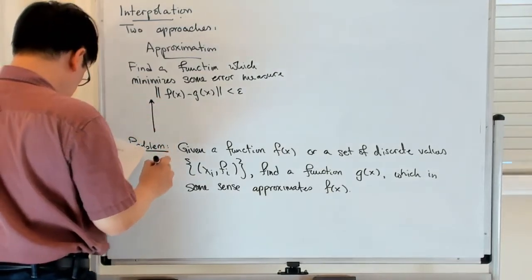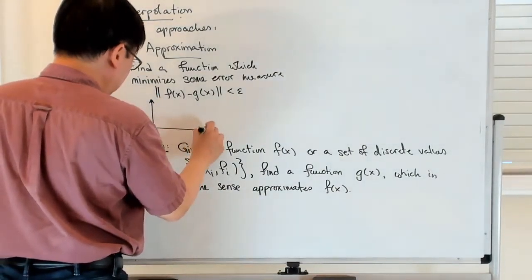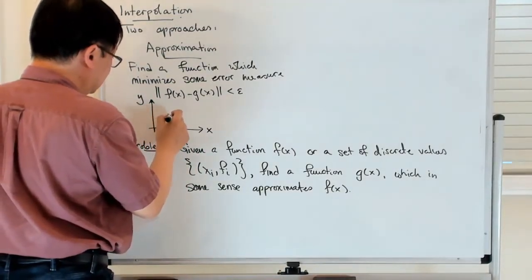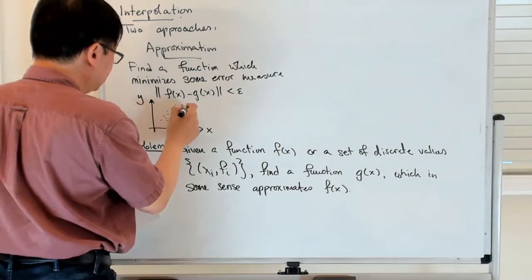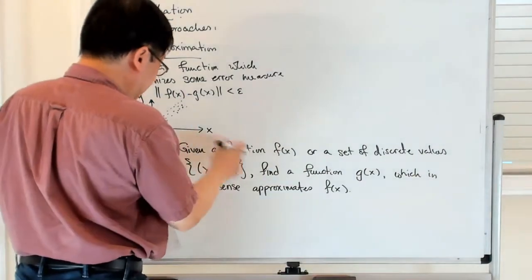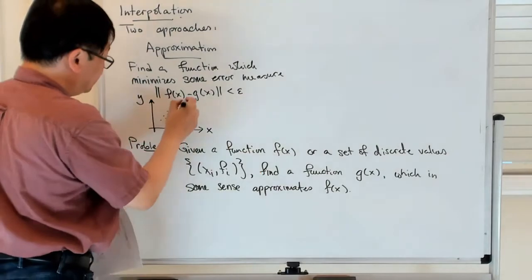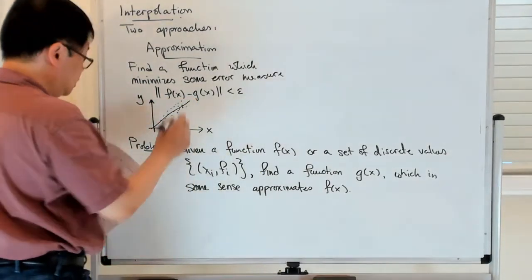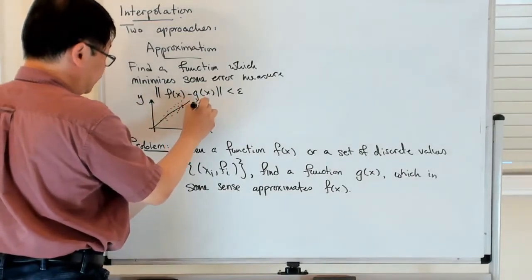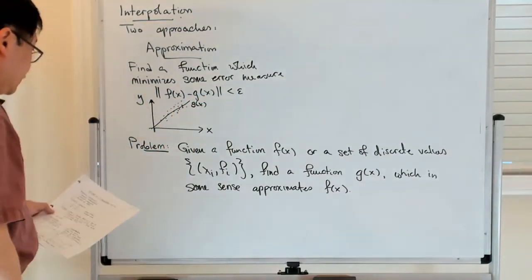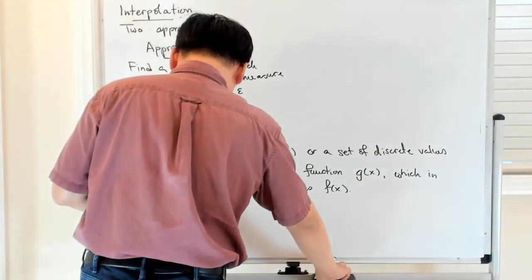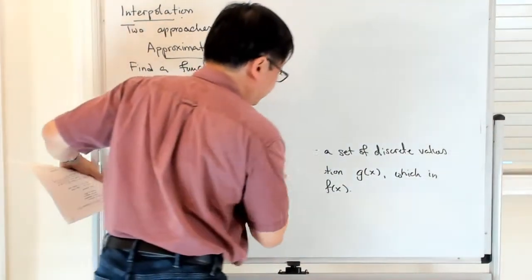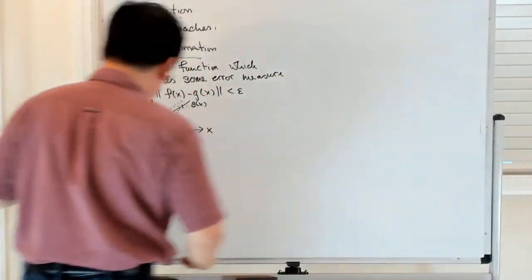As an example of something like that, if you recall, we did this thing having to do with regression. That set of data might be just these data points, and you're trying to find some best fit to that data, which I'm going to call g of x. So an example of this is regression, linear regression, the example we saw before.